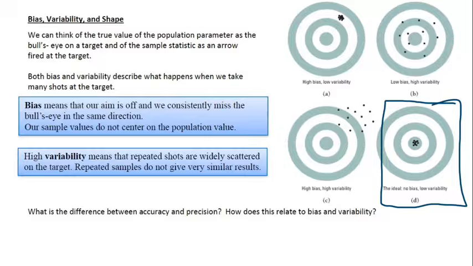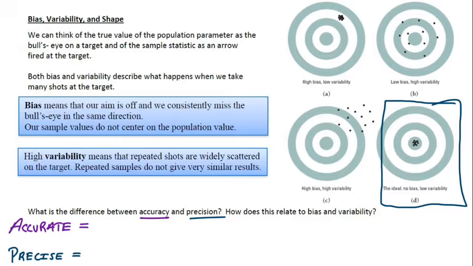So which ones would actually be going at the bullseye where we want it to go would be these two. So notice, these are the ones that don't have any bias. So if you're unbiased, that would mean you're accurate. Well, then precise would have to be the consistent grouping. That would have to be the low variability.